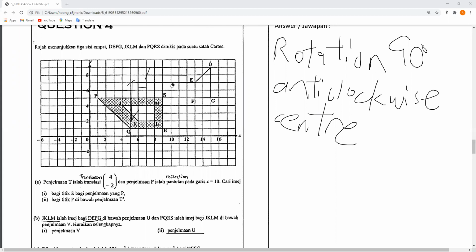Here, 1, 2, 3, 4, 5. Okay, so it's wrong already. This one. So we need to draw another one. So I roughly draw. Okay, so we have to lift up, and then draw down here. So 3, 6 squares, so 6 also.